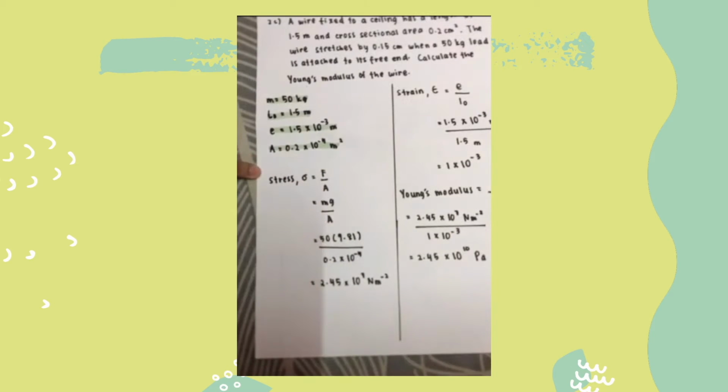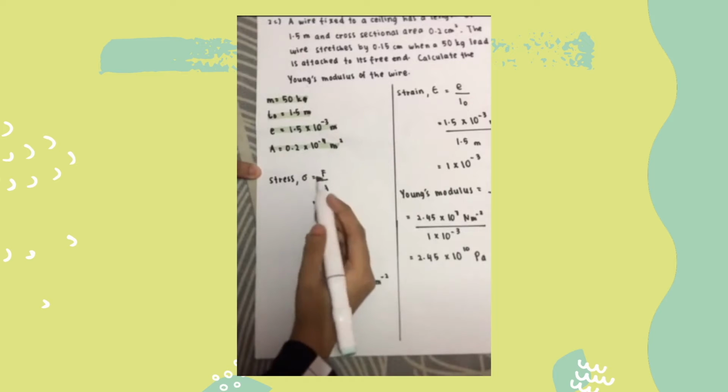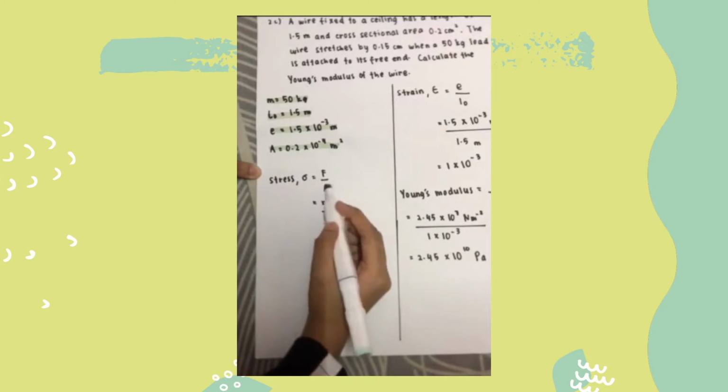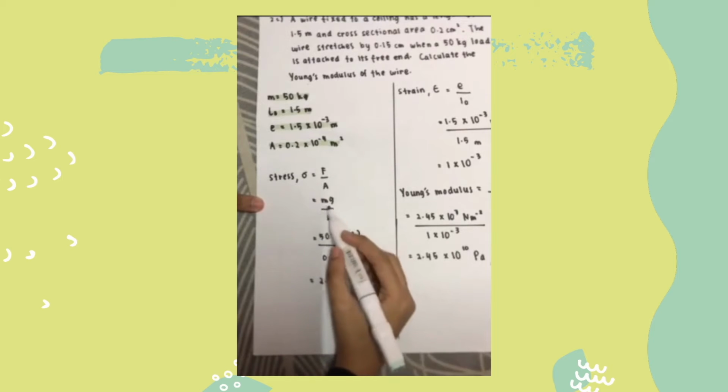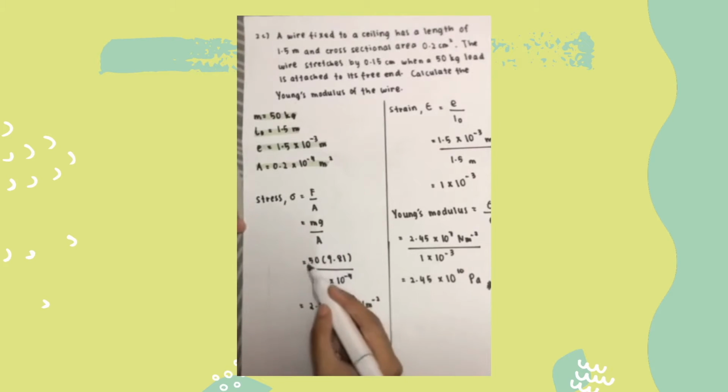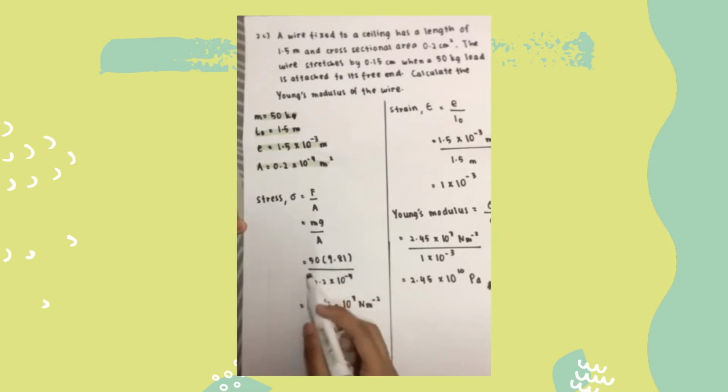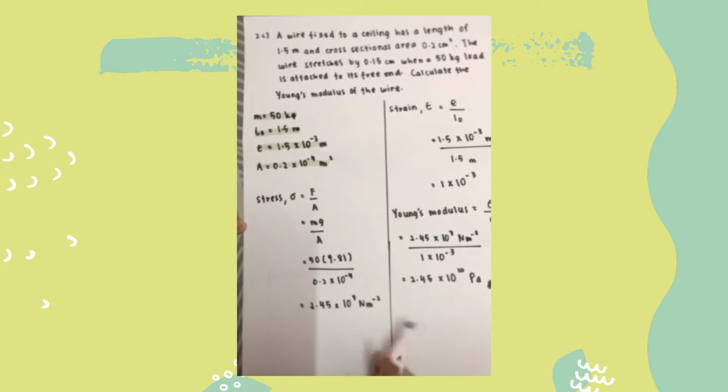First, we need to find the stress, and the formula is F over A, where F is equal to mg, over A. So 50 times 9.81 divided by 0.2 times 10 to the negative 4, until we get 2.45 times 10 to the power of 7 Newton per meter squared.